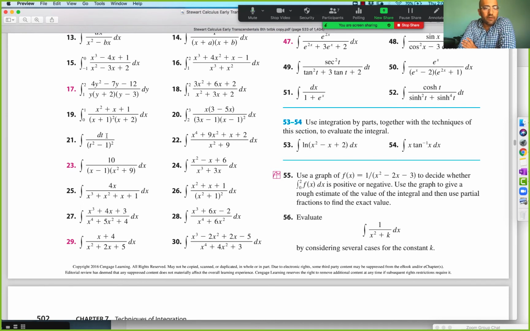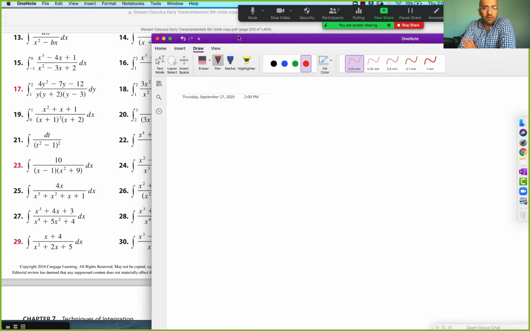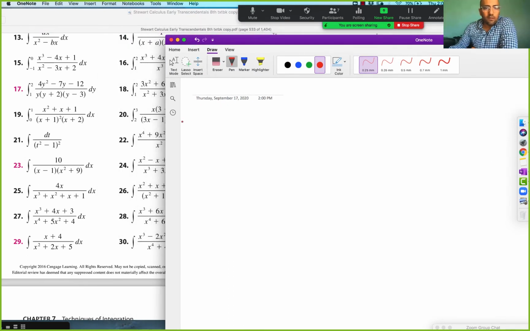The integral of 1 over t squared minus 1 squared dt. So let me copy that down. This is chapter 7, section 4, and this is going to be number 21. We have the integral of 1 over t squared minus 1 squared dt.